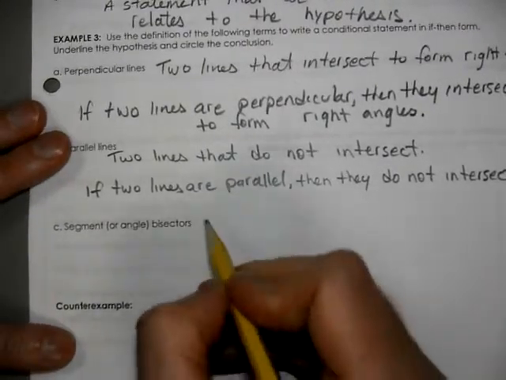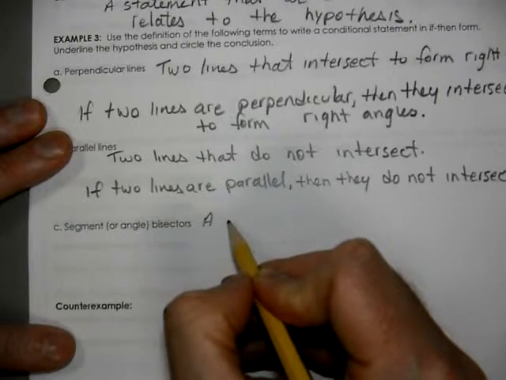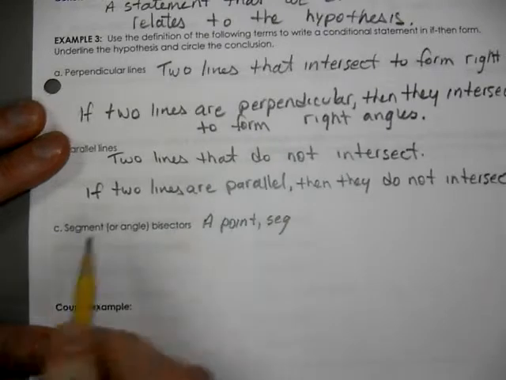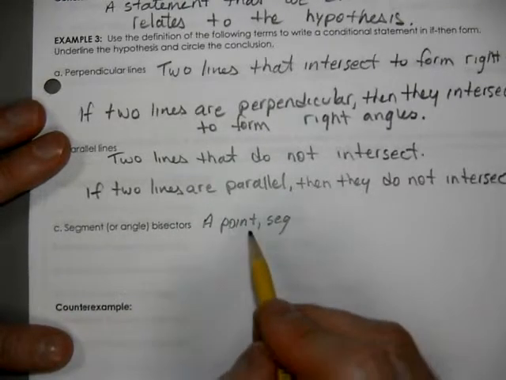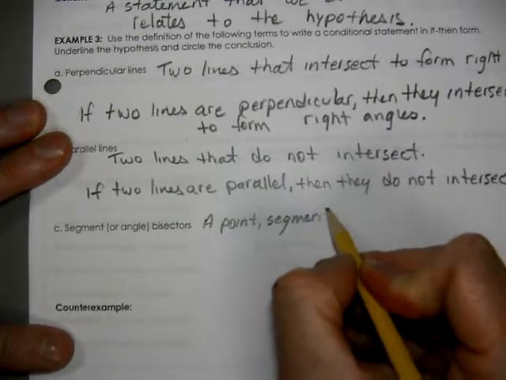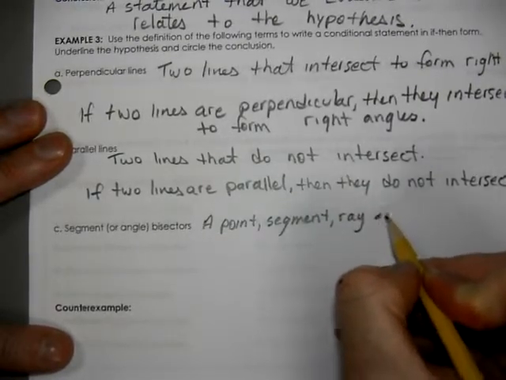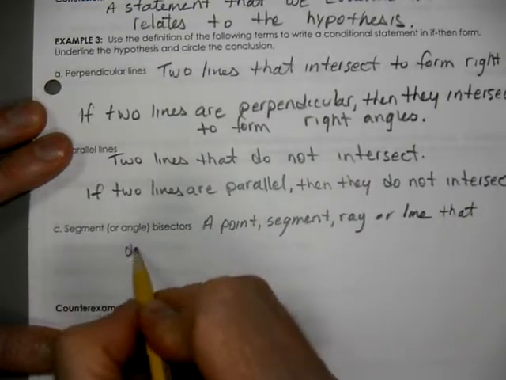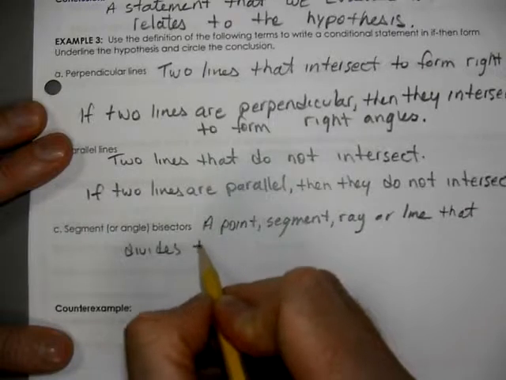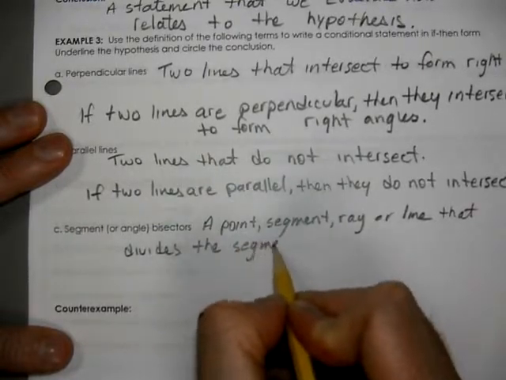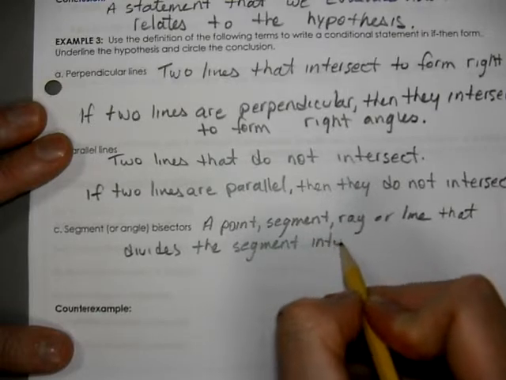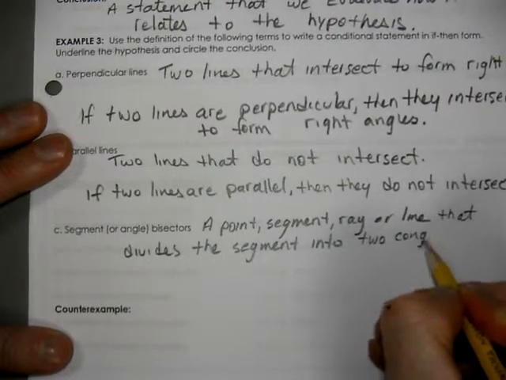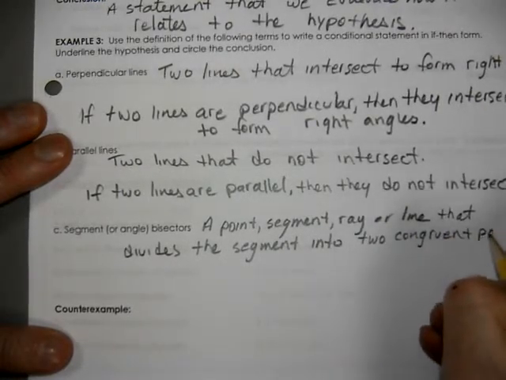A segment bisector is a point, a segment, ray, or line that divides the segment into two congruent parts.